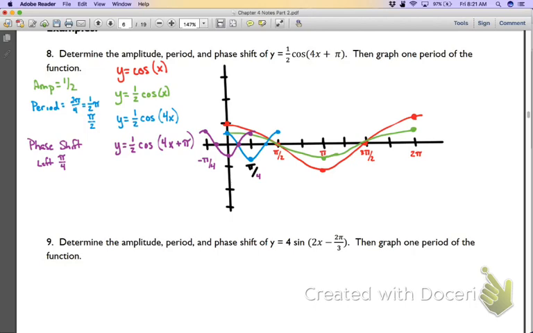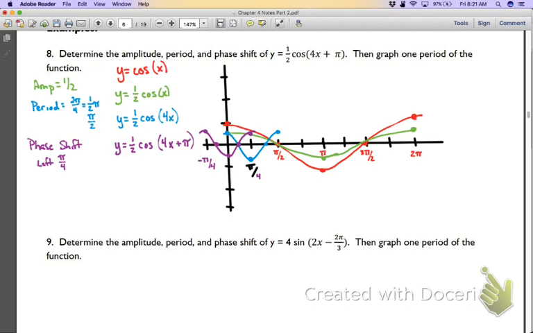So we had the original of the blue where it's just a regular standard cosine function. We took the green one and we vertically shrunk it by 1/2. Took everything as far as my original reference point down from 1 to 1/2, and then from -1 up to -1/2. We shortened the period, so we took the green one and we shoved it all the way down into that pi over 2.